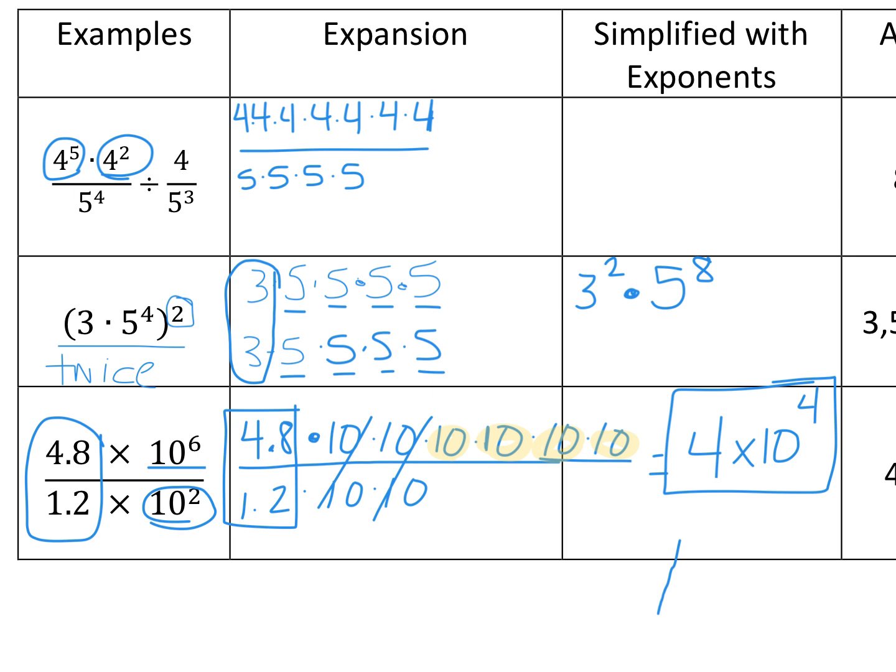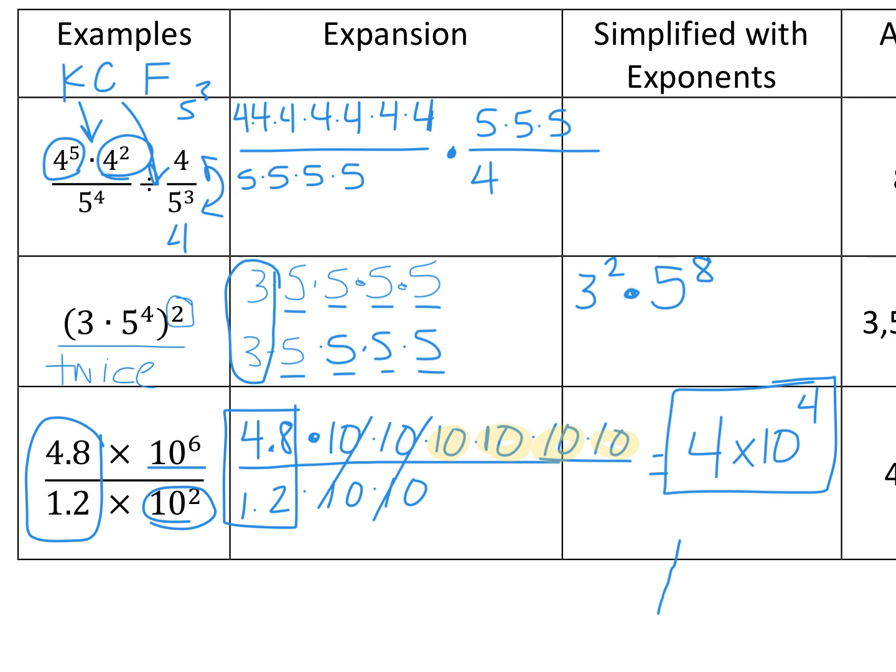Now, way back in 6th grade when you learned about dividing fractions, you learned about keep, change, flip. So we're keeping this first fraction, changing our divide to a multiply, and we're going to flip our second fraction. So my second fraction now looks like 5 to the 3rd over 4. So 5 to the 3rd on the numerator is three 5s and a 4 on the bottom.